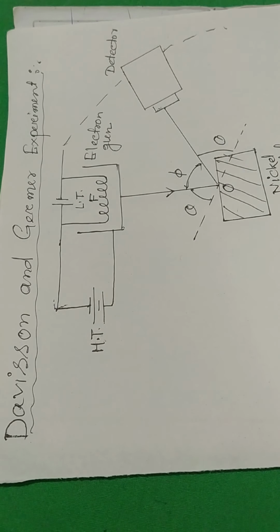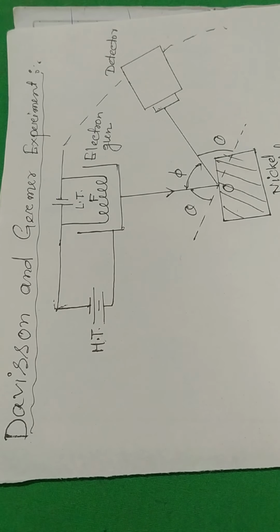The energy of the incident beam can also be varied by changing the applied voltage. The intensity of the scattered beam is measured as a function of the angle of scattering.